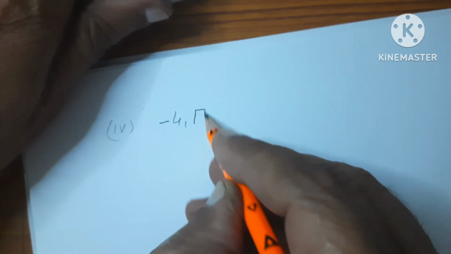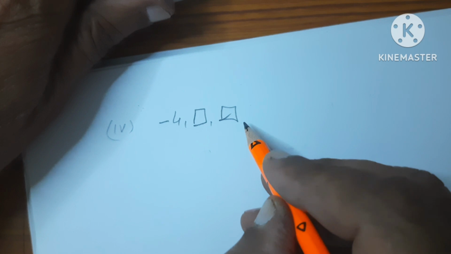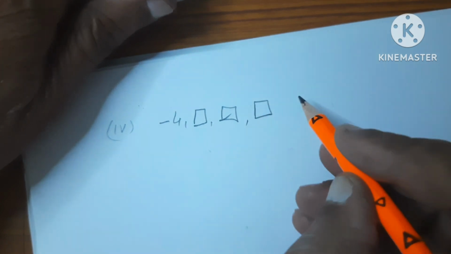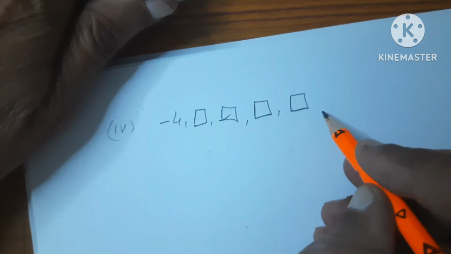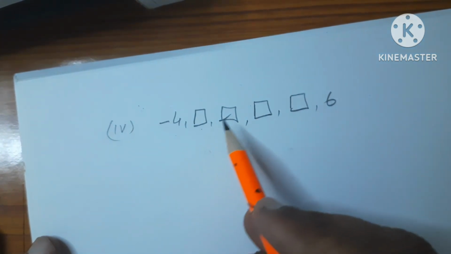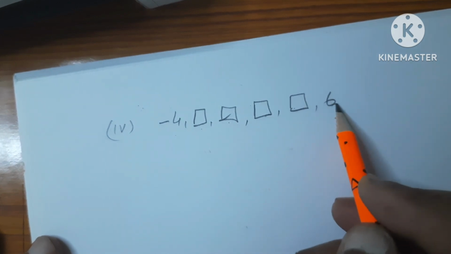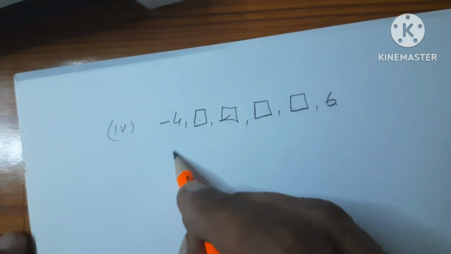Minus 4, blank, blank, blank, 4, blank, and then we are having 6. That means this is A1, A2, A3, A4, A5 and A6. 1, 2, 3, 4, 5, 6.